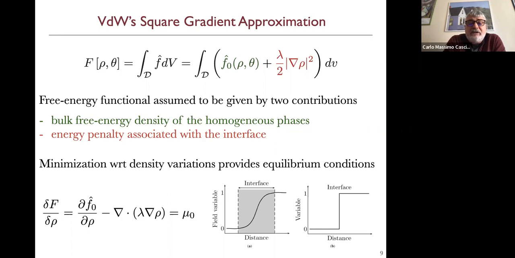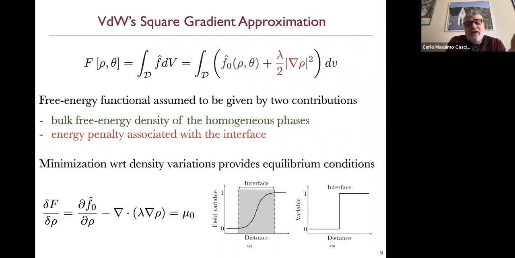Now, for given thermodynamic conditions, so we fix the volume of the system, the temperature and the chemical potential, the equilibrium state of the system is characterized by the Euler-Lagrange equations, which minimize the functional. In this particular case, you end up with an elliptic partial differential equation for the density field, which is nonlinear due to the presence of the bulk free energy density.